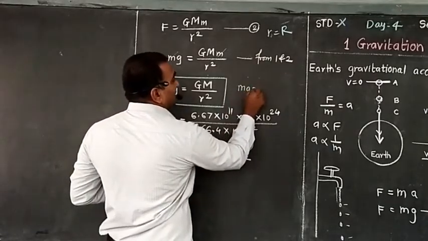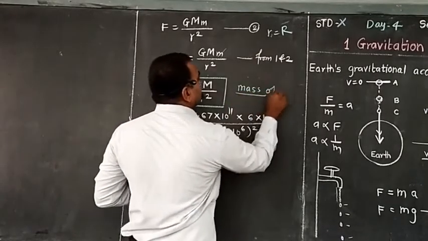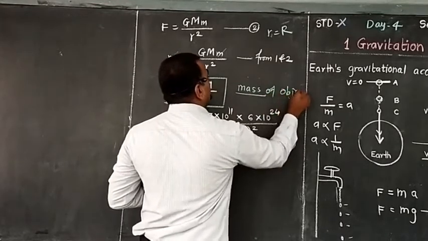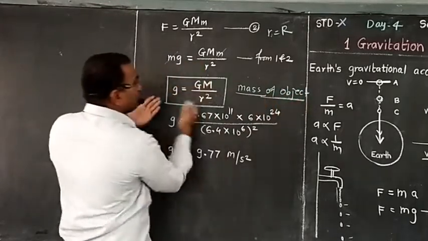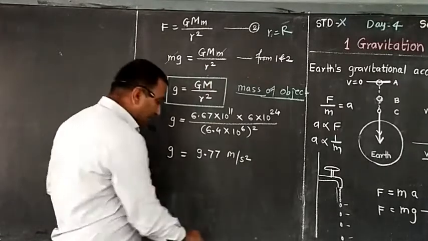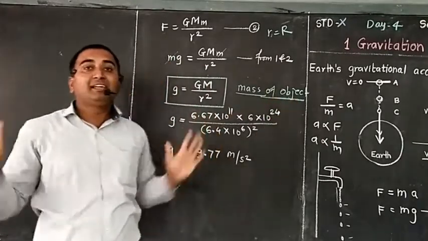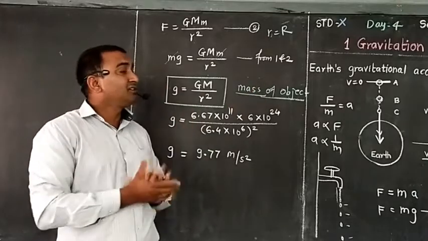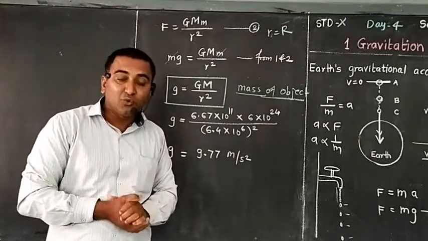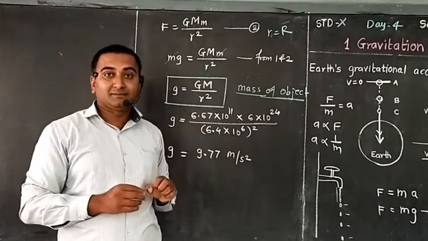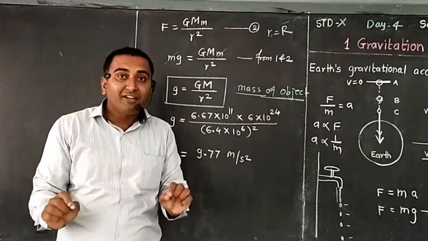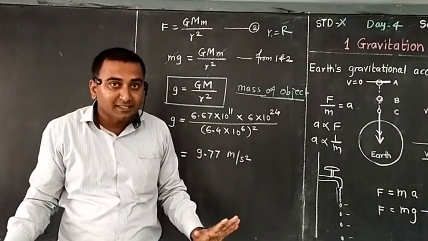Mass of earth is there, but the mass of the object does not have any place within this equation. That means mass of object does not play a role in acceleration due to gravity. And so whatever the object, acceleration due to gravity does not depend on the mass of the object.